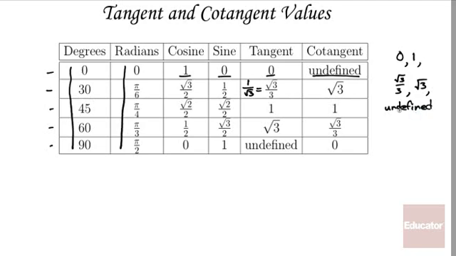So when you have one of these common angles, one of these multiples of pi over 6 or pi over 4, in degrees that's 30 degrees or 45 degrees, and you want to know the tangent or cotangent, you know it's going to be one of these common values, and it's just a matter of figuring out which one. So it's good to remember that these common values come up over and over again, because then when you're working out values for any particular angle, you expect it to be one of these common values.